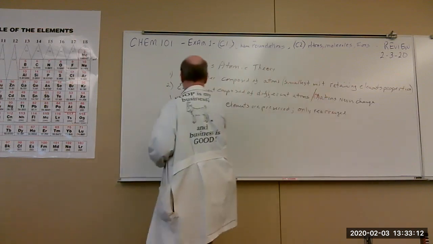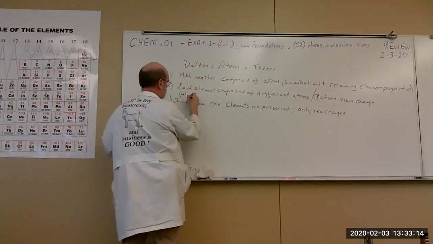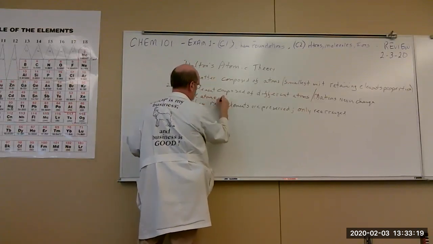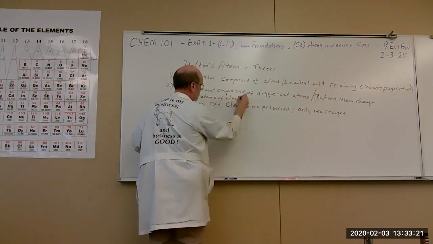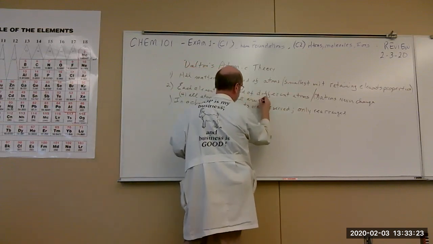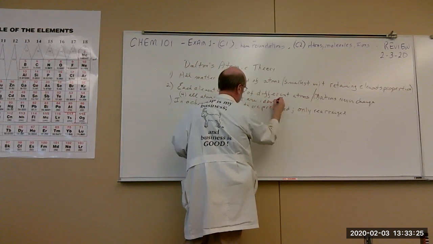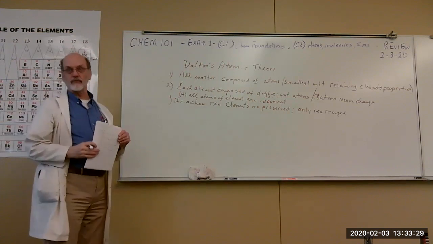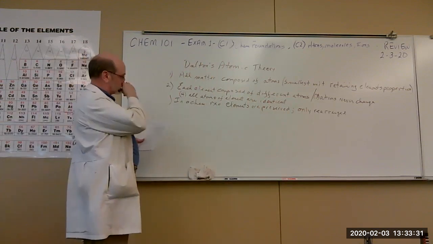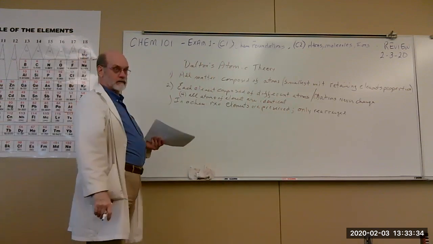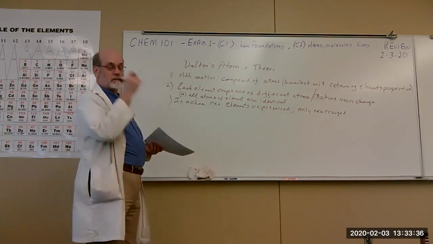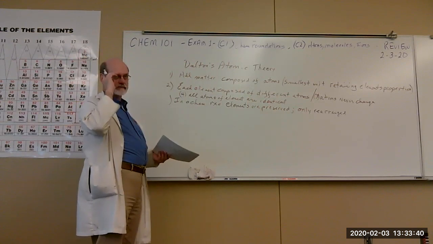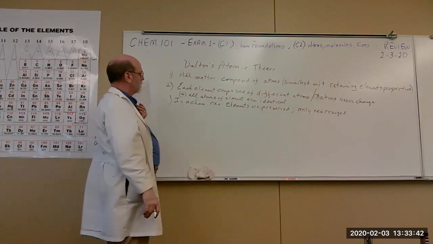And then 4 would be all atoms of an element are identical. Isotopes. That's not true anymore either, because of isotopes. We can have non-radioactive isotopes, and they change in a given compound on a reaction.